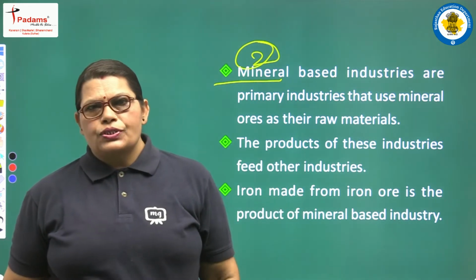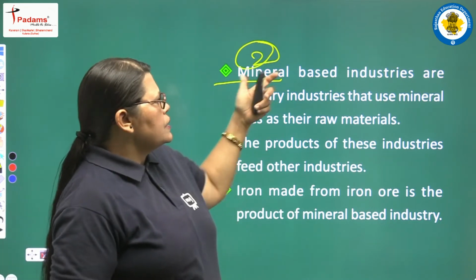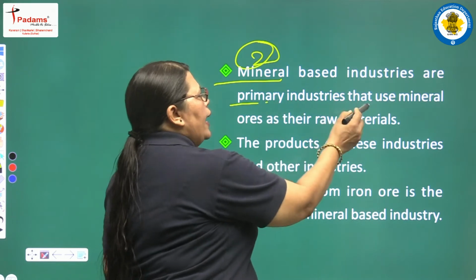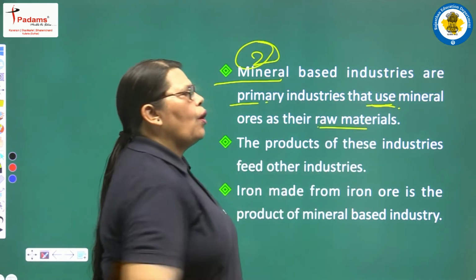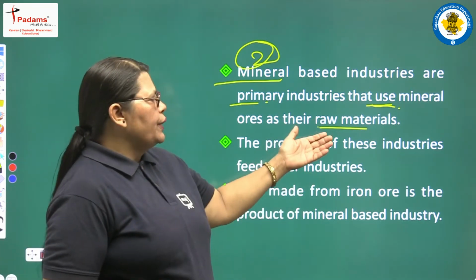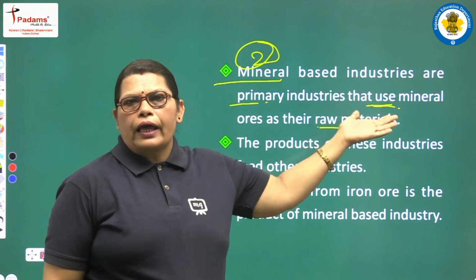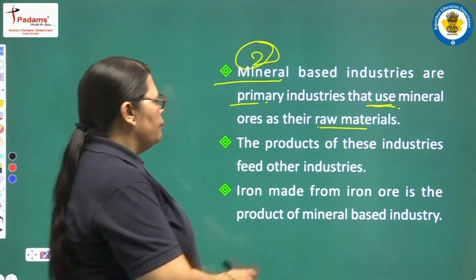Mineral based industries. Students, mineral based industries are those primary industries which especially use mineral ores as their raw material. It means the raw material here is a mineral, nothing other than minerals. Then these industries are mineral based industries.